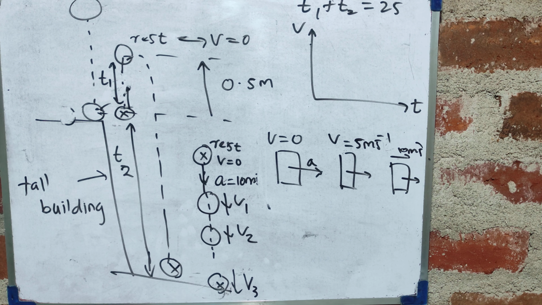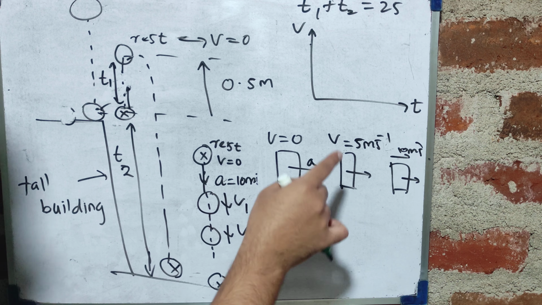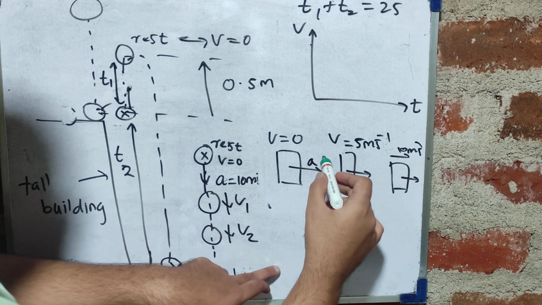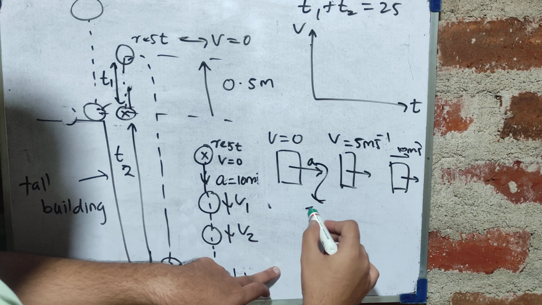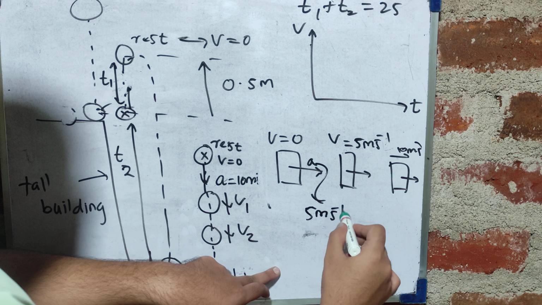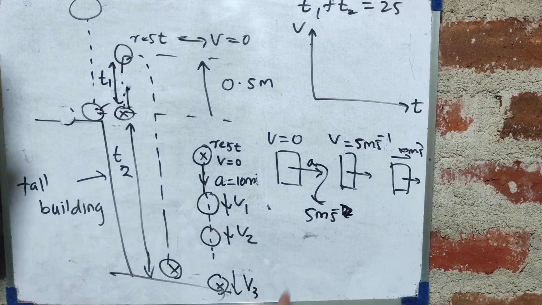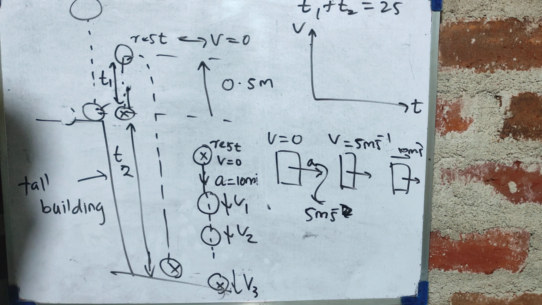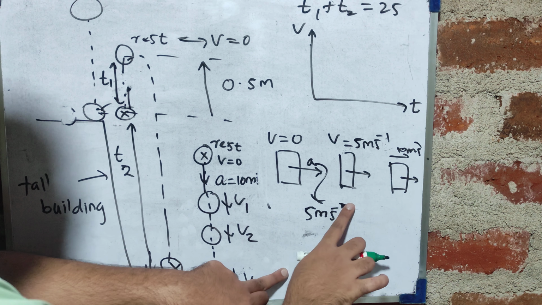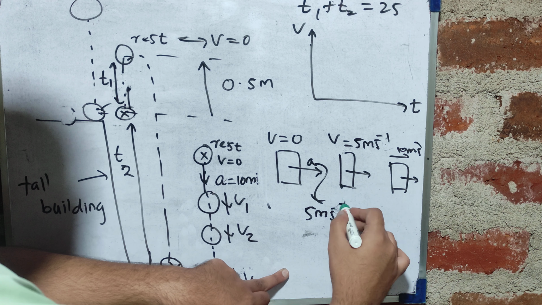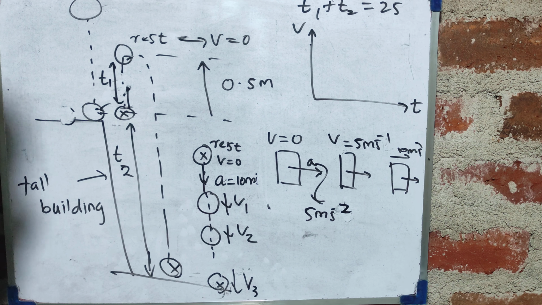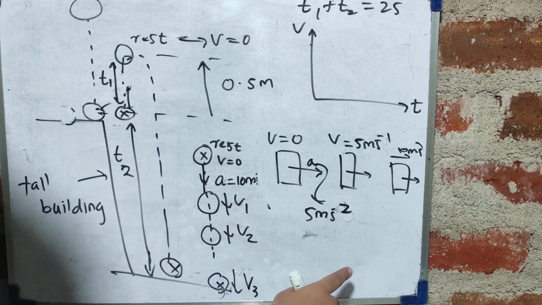Likewise, if the acceleration is constant, now let's take an acceleration of 5 meters per second squared. I am giving constant acceleration.